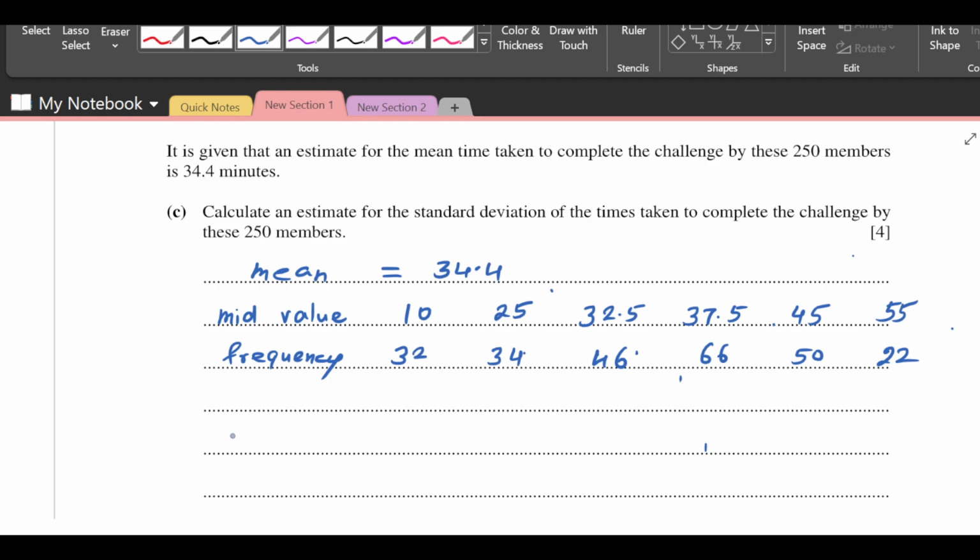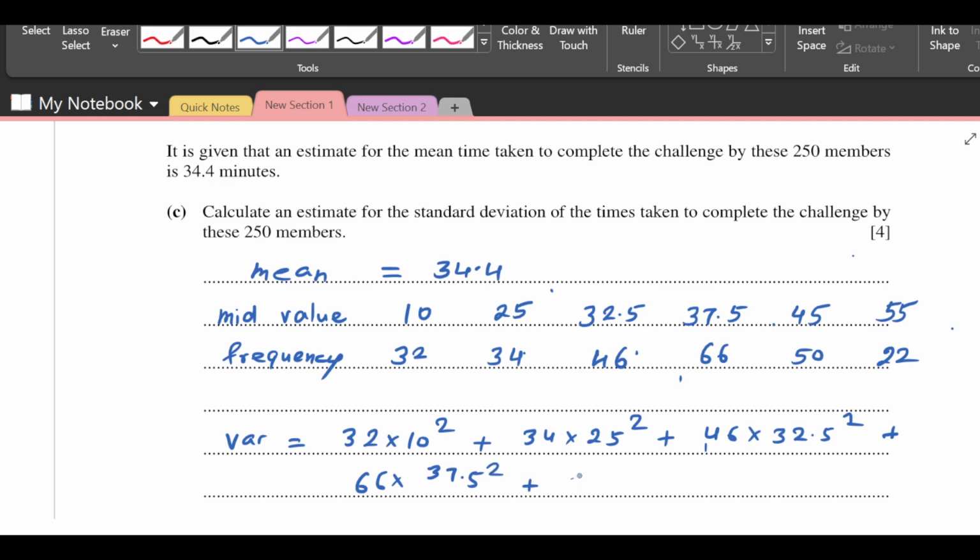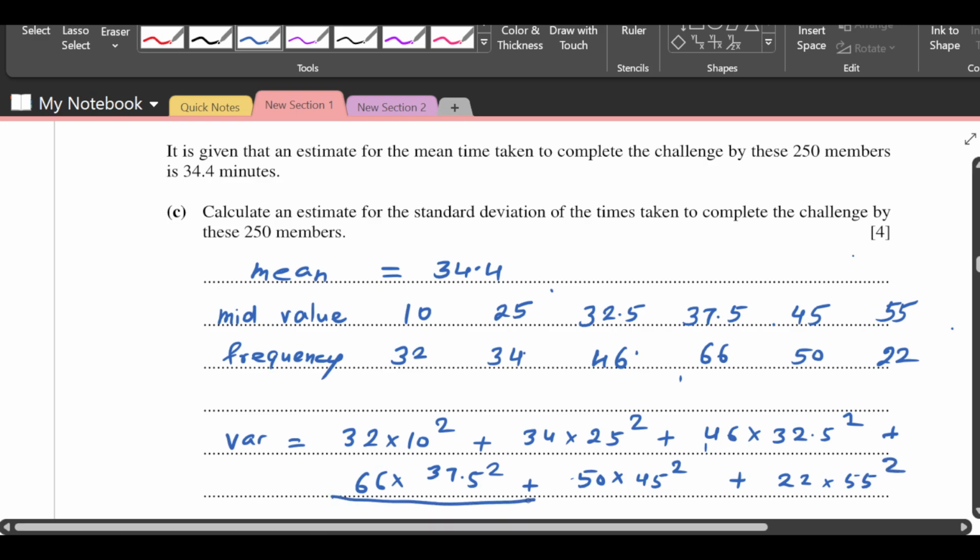First I will find the variance. The formula for variance is the summation of f into x squared, that means 32 into 10 squared plus 34 into 25 squared plus 46 into 32.5 squared plus 66 into 37.5 squared plus 50 into 45 squared plus 22 into 55 squared, whole divided by n.